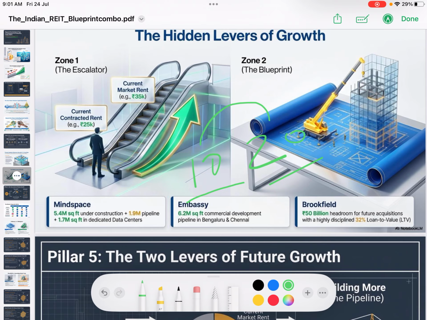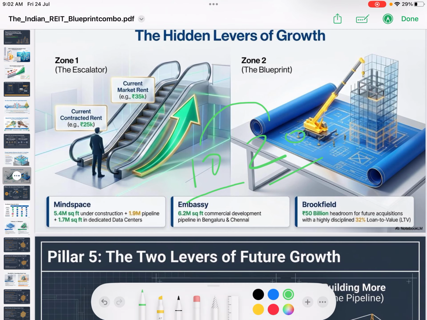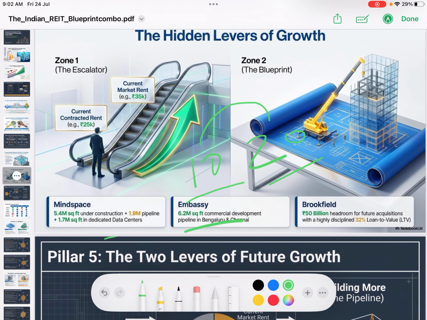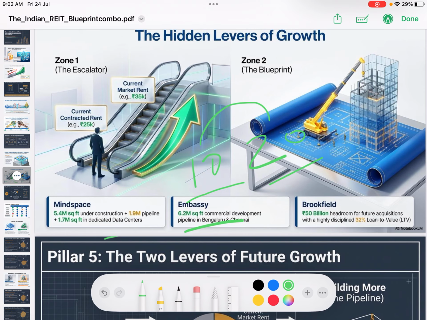So naturally, once the contract gets renewed, it will be renewed at the mark to market, which is the new rent. This is additional income which helps Mindspace, Knowledge REIT, Embassy REIT, Brookfield to increase their income without any expenditure or buying any new properties. Similarly, they have another option.